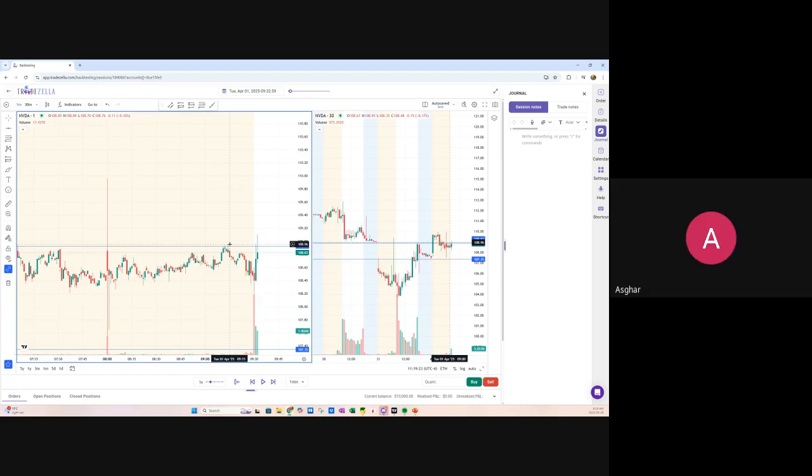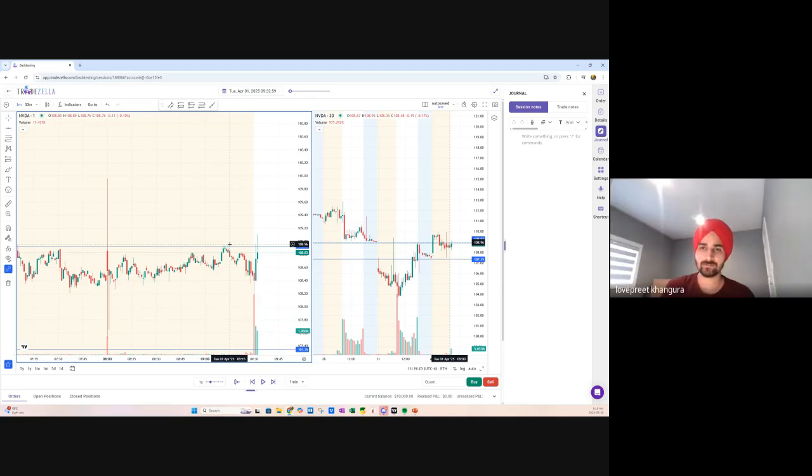So that's why I suggested that we will go for the minimal rules, just for the entry at the retest, and then exit is at the next level. Stop loss is just behind the entry candle or the candle before that, or it could be in the middle of the range.